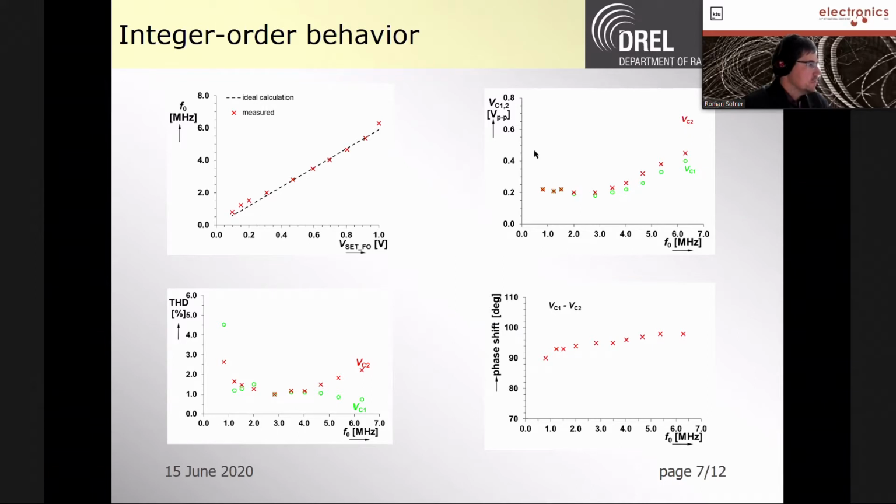It is the peak-to-peak value. Total harmonic distortion was analyzed for the full range of adjustability. We can see that in most of the range THD is between 1 and 2%, and the produced phase shift changes a little bit in value from 90 to 95, 96 degrees.